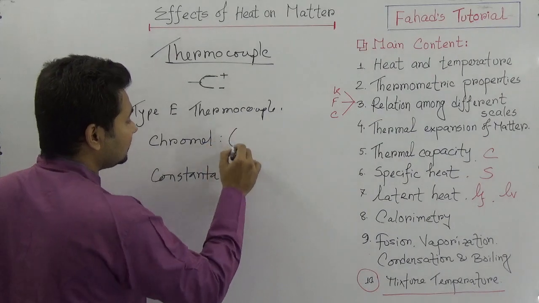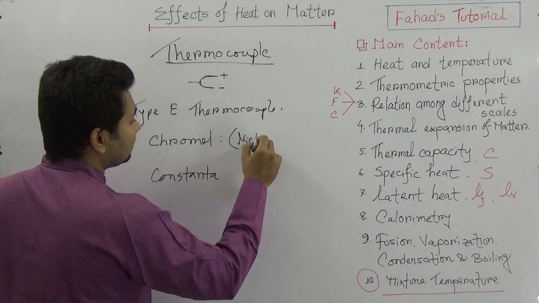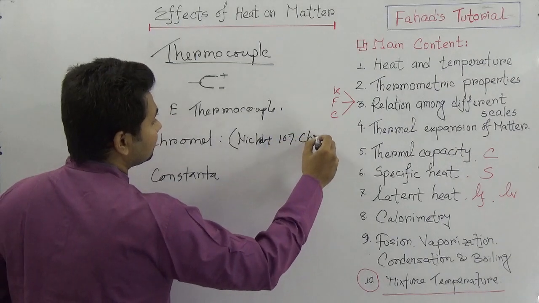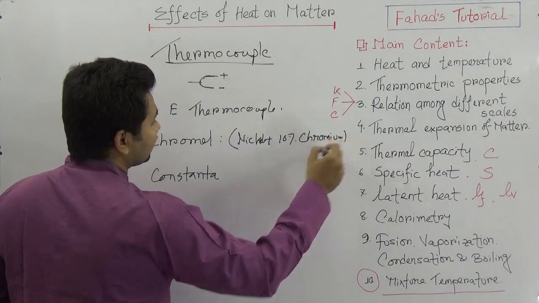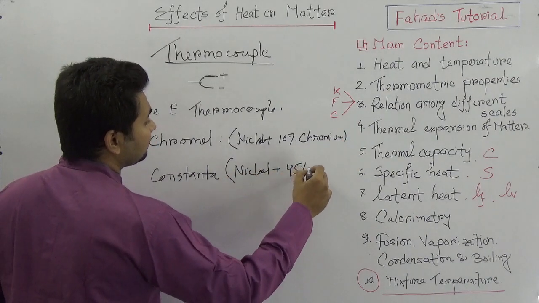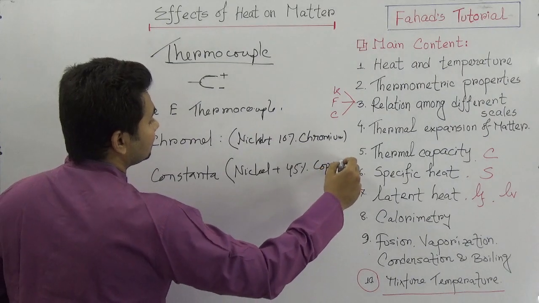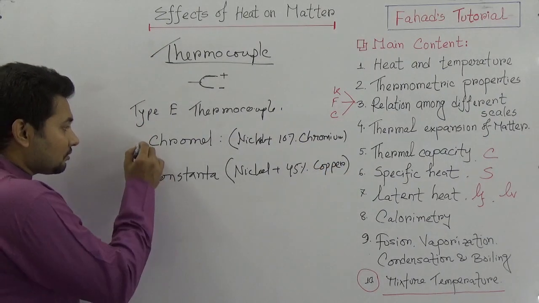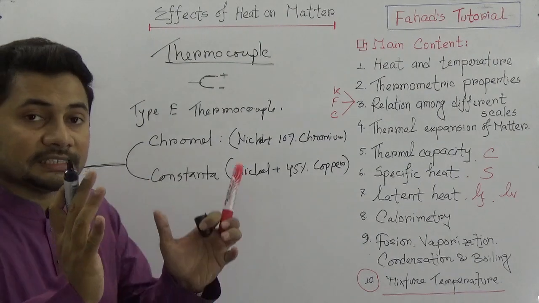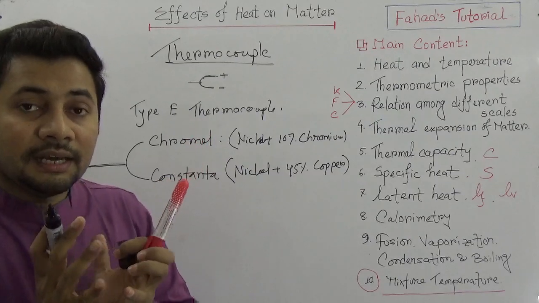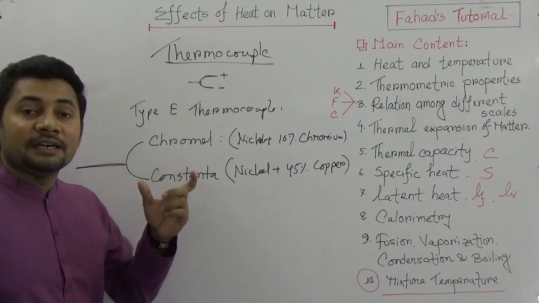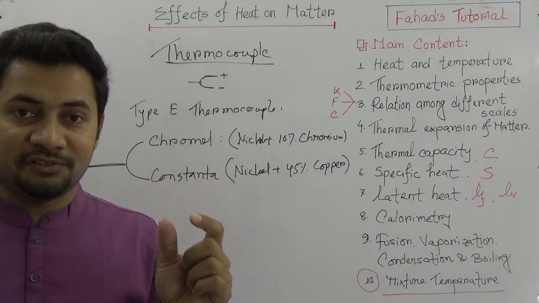In chromel, nickel plus 10% chromium is used, and in constantan, nickel plus 45% copper is used. These chromel and constantan are used as two different metals forming junctions, and they are used widely in industry to determine the temperature.